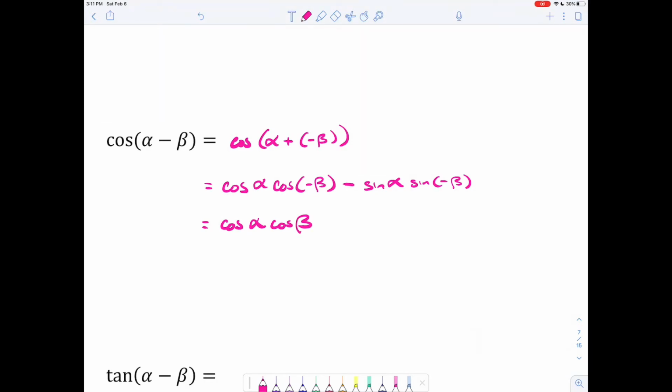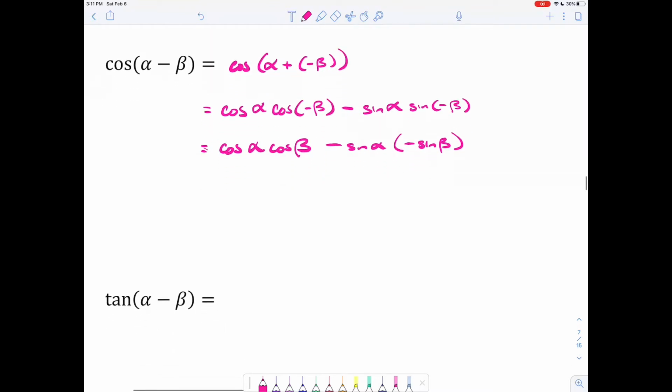And then similarly, I can say that sine of negative beta is the negative sine of positive beta. And then just taking a moment to expand, simplify those brackets at the end.